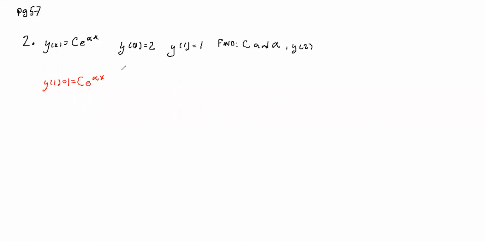We're going to have an issue here. The issue is that we have 2 unknowns. We have c, which is a giant question mark, and we have alpha, which is a giant question mark. The way that we do that is by going back to originally what we think.